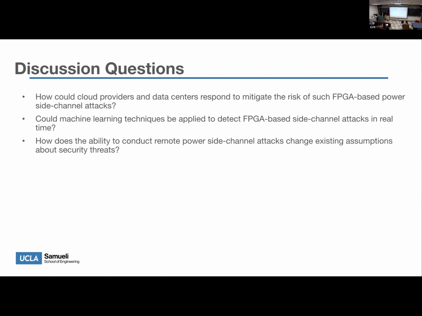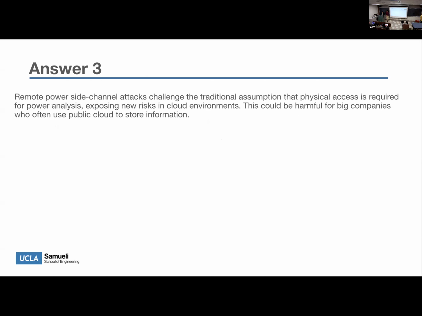And the third discussion question is, how does the ability to conduct remote power side channel attacks change existing assumptions about security threats? Basically, the traditional assumption is that physical access is required for power analysis.